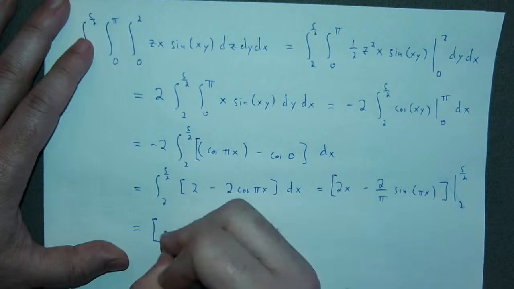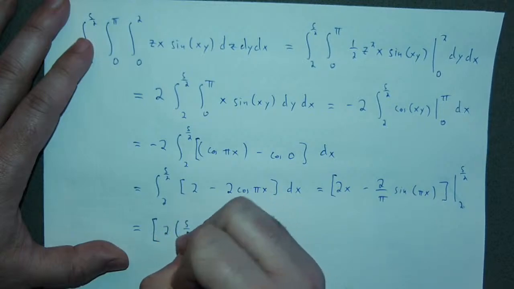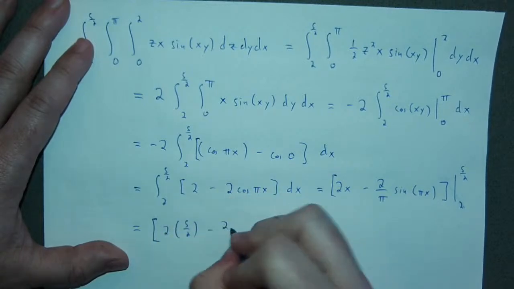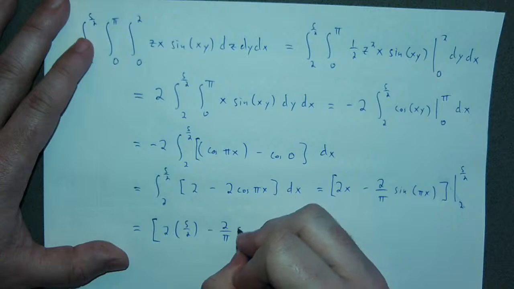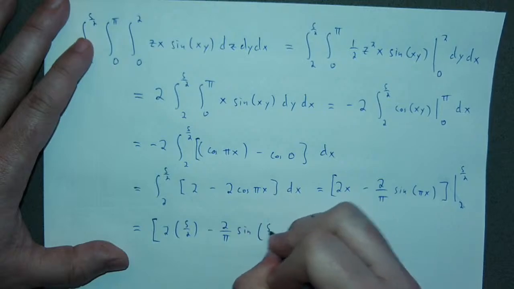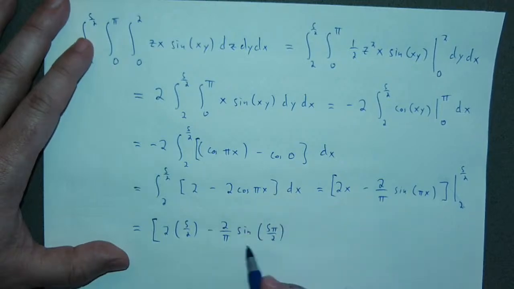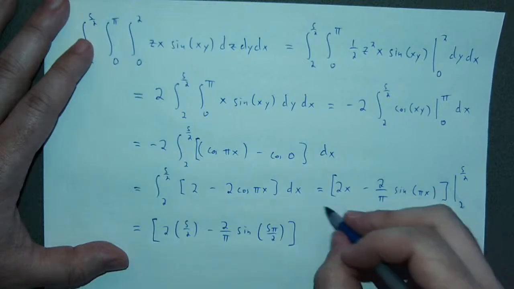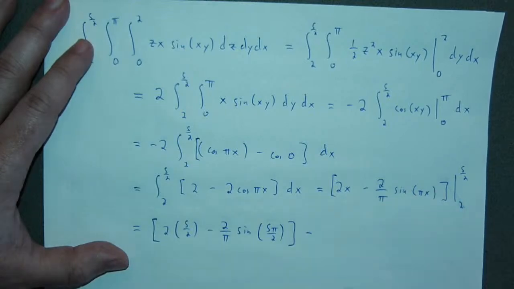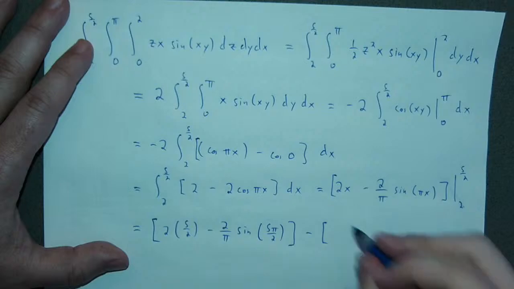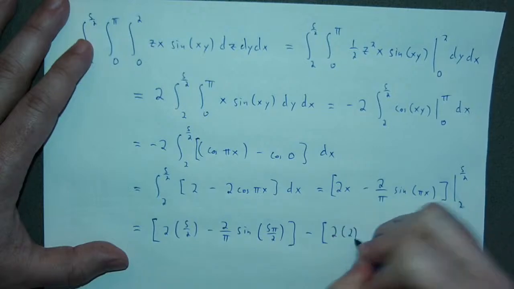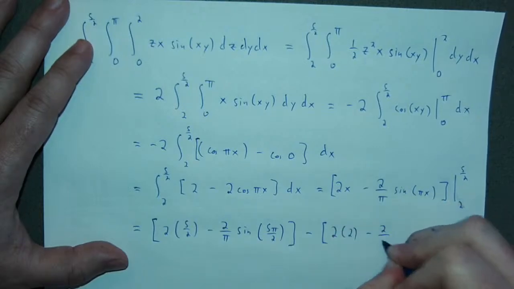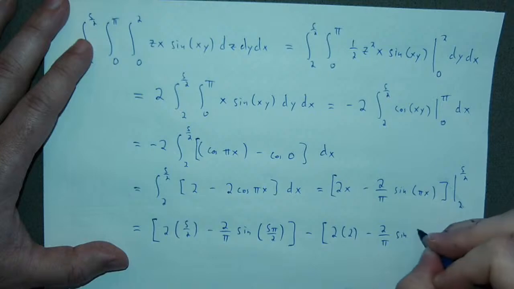Let's plug this in, plugging in 5/2 first. So this is 2 times 5/2 minus 2 over pi times sine of 5 pi over 2. That's 1, so that's not too bad. And then from that, I subtract 2 times 2 minus 2 over pi sine of 2 pi.